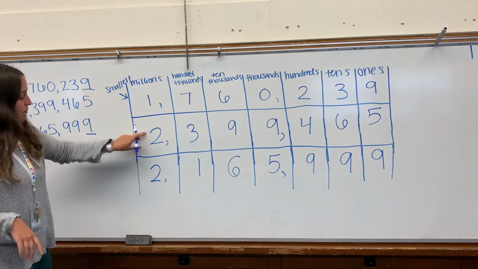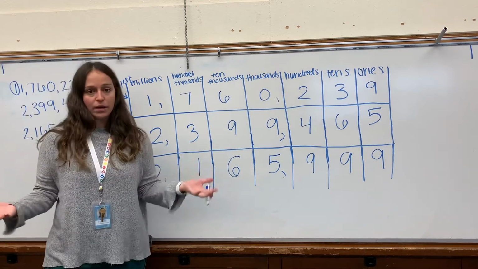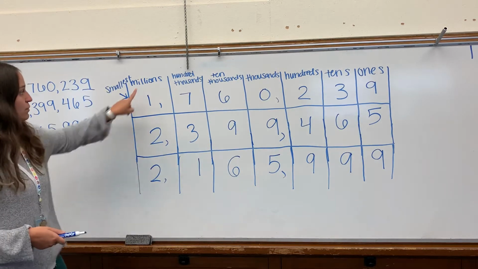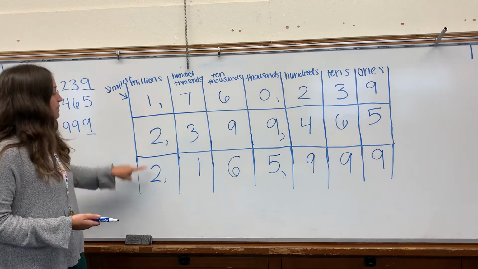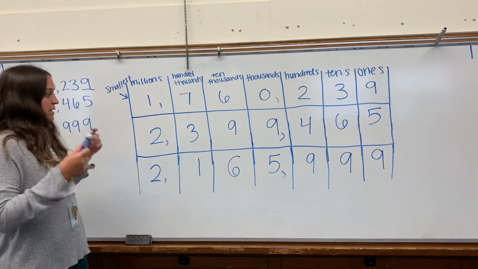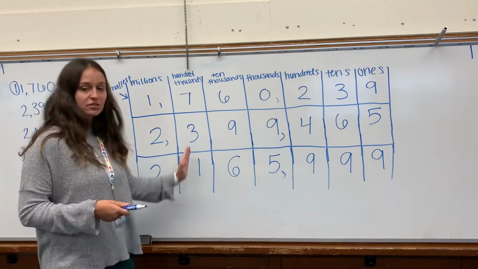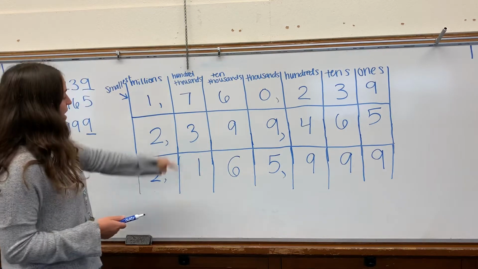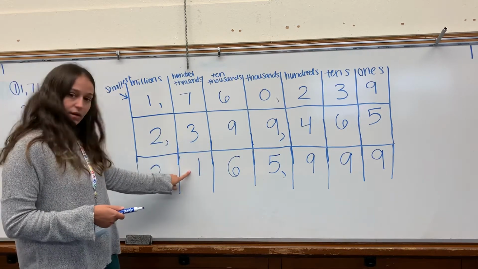So now I need to compare these two numbers and see which one is smaller, okay? So I start with my biggest number, the number in the millions place. Both of them are 2s. So that means I need to move on to the 100,000s place and compare those. So in my 100,000s place, I have a 3 and a 1.